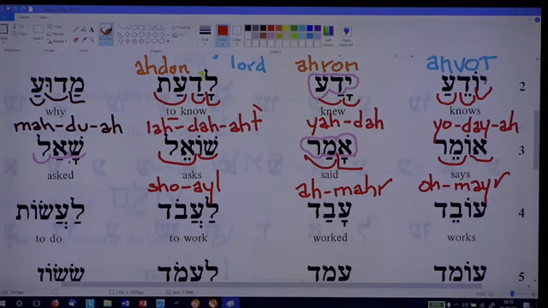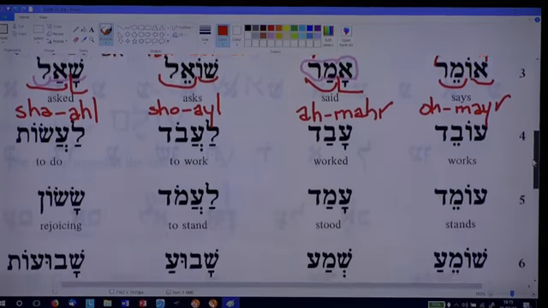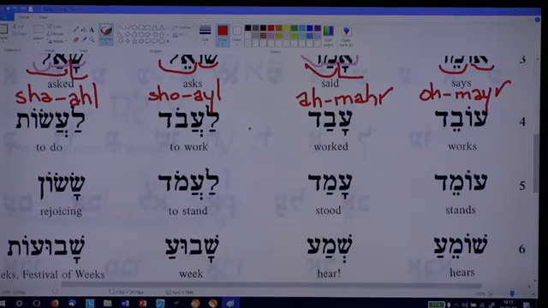Okay, so this one's an easy one, too. 2 syllables. Sha'al. Okay, now I want to start moving a little quicker through the vocabulary.